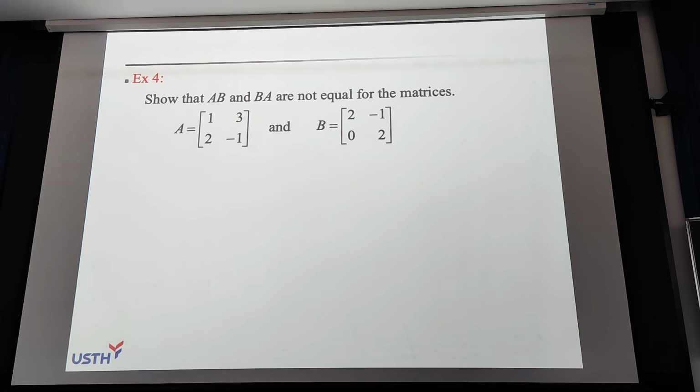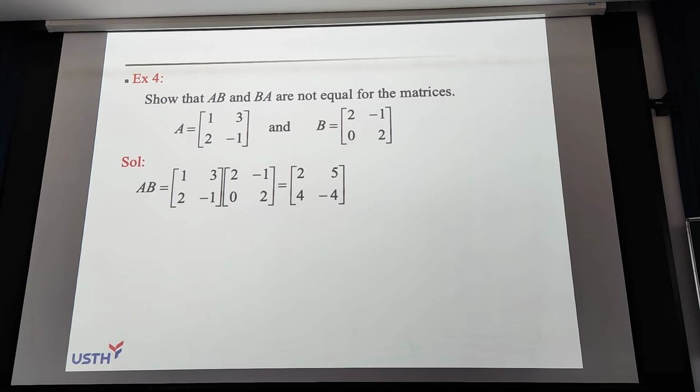And here is an example. You take A and B like that. Both matrices are of the size 2 by 2. And if we multiply them together, what do you get? A multiplied by B, you get this. It is a very small matrix, so it is very easy for you to multiply.